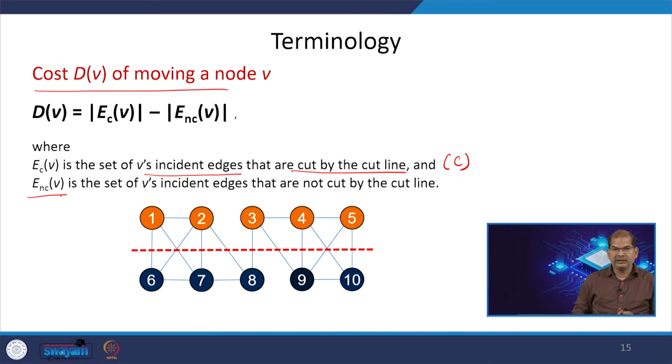E_nc of V is the set of V's incident edges that are not cut by the cut line, that is why it is called nc, not cut.